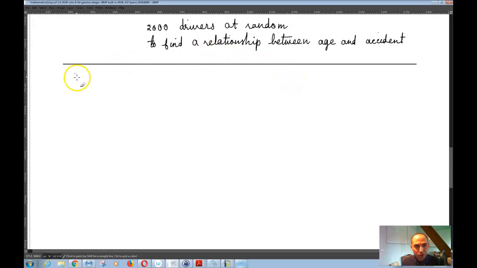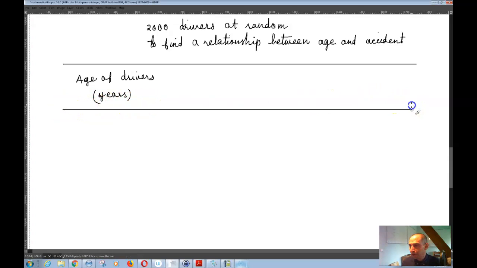We have the age of drivers in years, and that's 18 to, for example, 29, 30 to 50, and above 50.